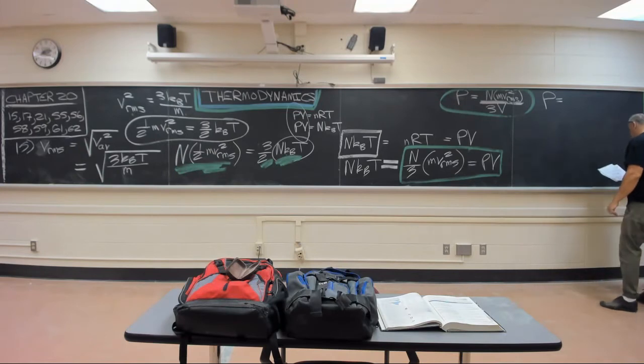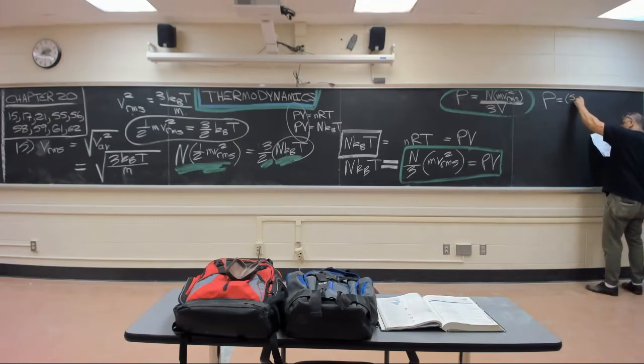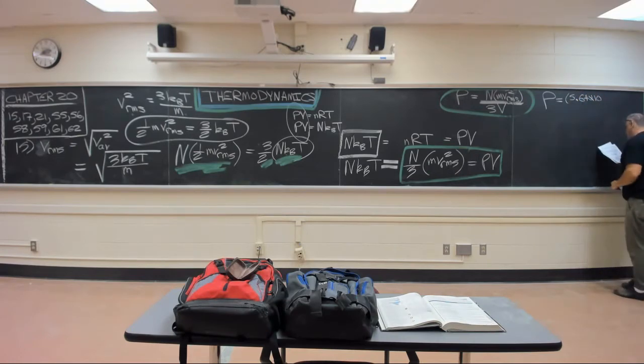If they want the pressure, they gave us that N was 5.64 times 10 to the 23. That's N. The M, and they're faithful to the real life chemistry that it is a diatomic molecule, and this mass reflects the diatomic nature of the hydrogen molecule.